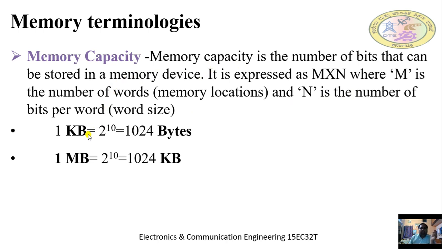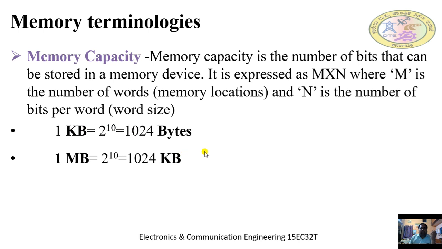There are a few units which can be used to refer to the capacity of a memory. Very first fundamental unit is the kilo, 1 K. 1 K will be equal to 2 to the power of 10, which is equal to 1024 bits.